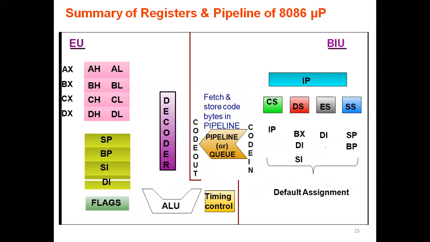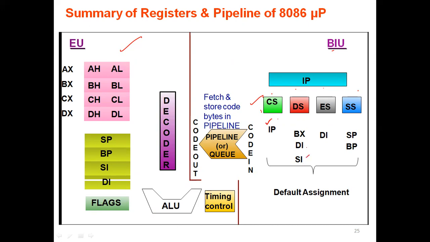So this is how the 8086 architecture is. The summary here is that we have the bus interface unit and the execution unit. The bus interface unit has the segment registers: code segment, data segment, extra segment, and stack segment. We have the instruction pointer, which points to the address of the next instruction.